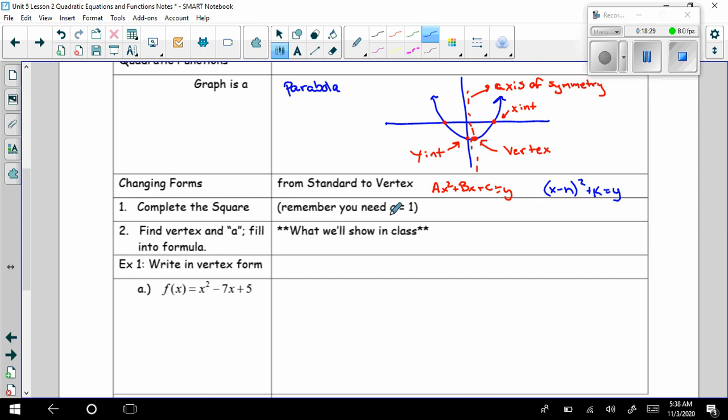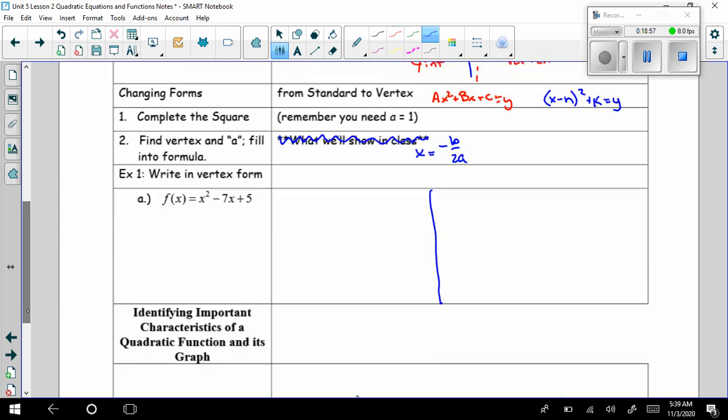To complete the square, just remember that a needs to be 1. Or you can find the vertex, which has a formula, negative b over 2a. Plug that value in for x, and then solve for y, and then just plug it into vertex form. So you can do either of those methods, and I'll demonstrate both real quick here.